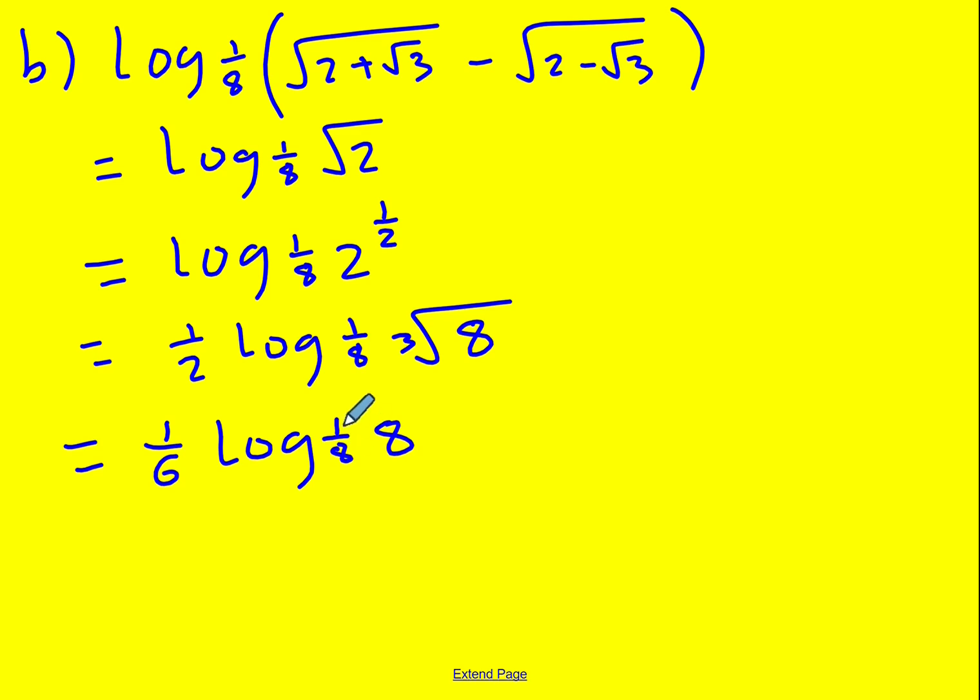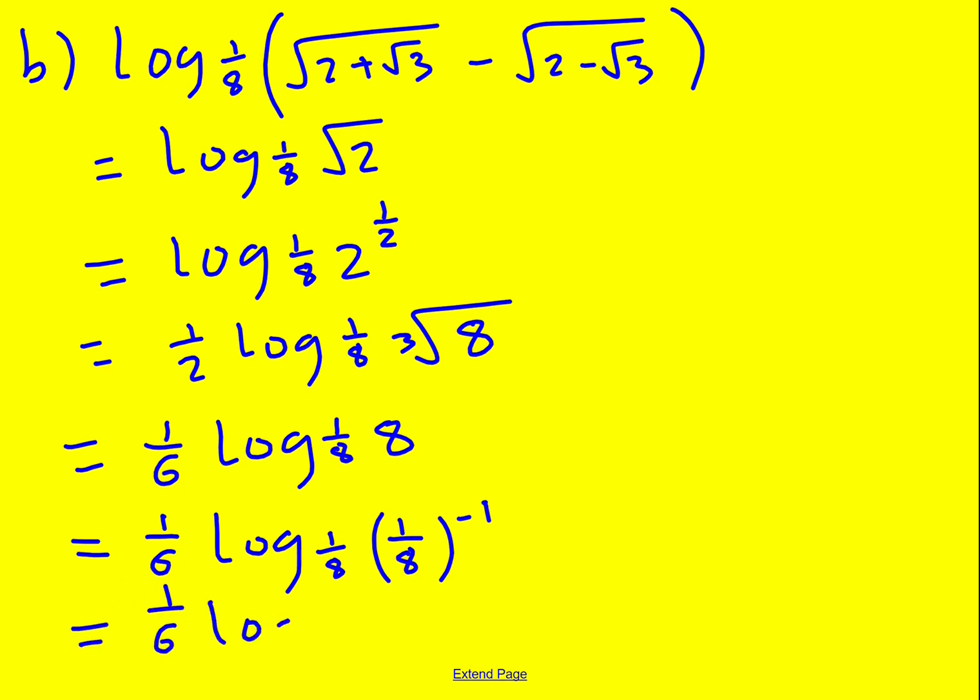And because this is the reciprocal, that's just going to give me a negative. If I want to show enough steps, I could write it as 1 over 8 to the minus 1. So that will be minus 1/6 log base 1 over 8 of 1 over 8, which is going to give me minus 1/6 as required.